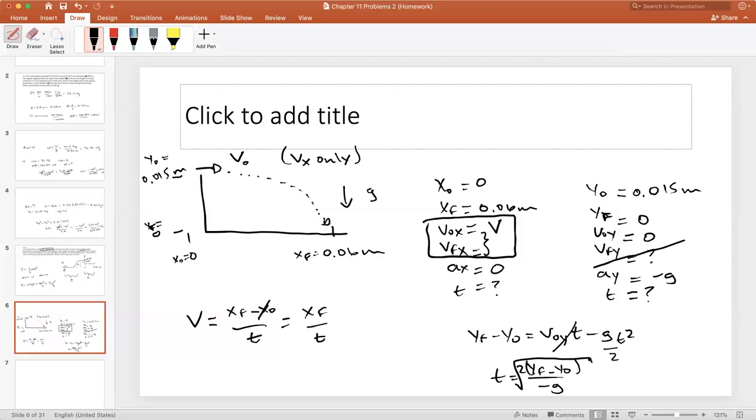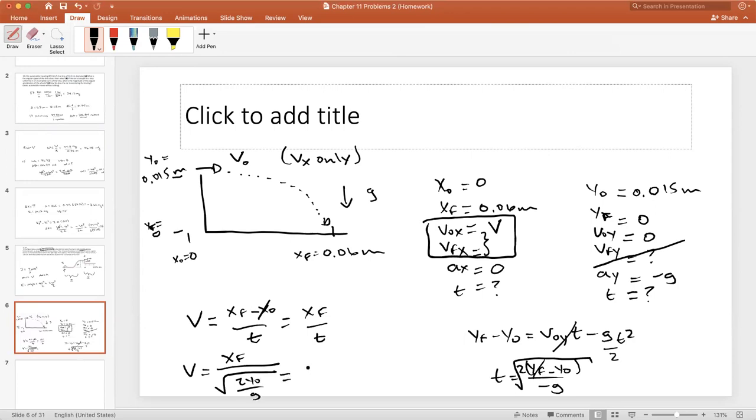Note here that y final is 0. So really what we have is that v is x final divided by the square root of 2 y initial over g.